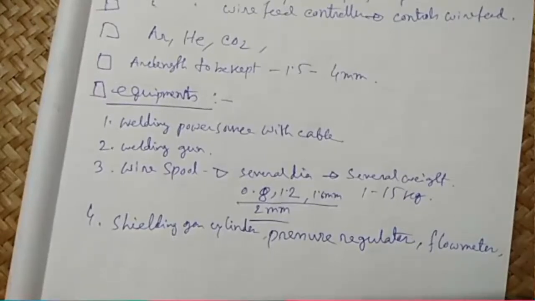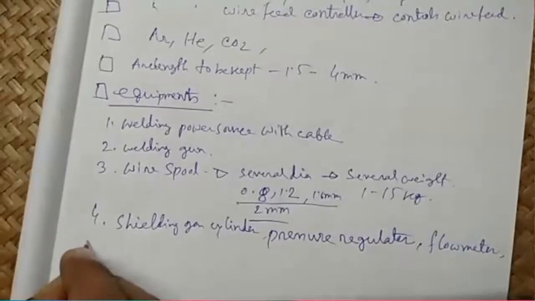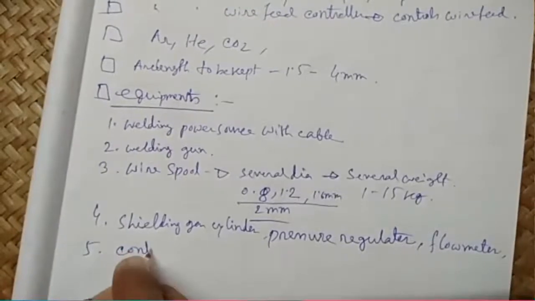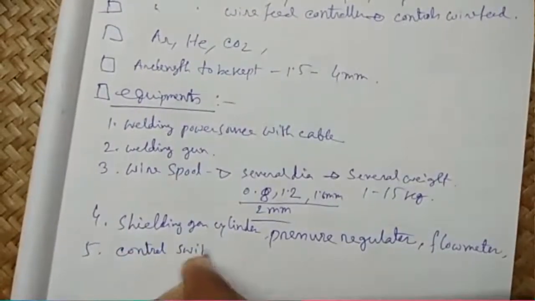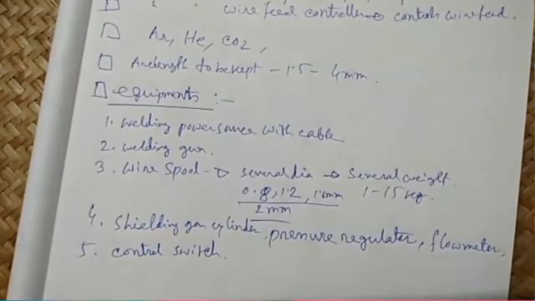Looking at the flow meter or the pressure regulator indicator, we can find out the situation inside the cylinder. To avoid any danger, we attach all these with the cylinder, and we can set the values in the controller. There should be a control switch for everything, or an emergency stop if any situation happens.